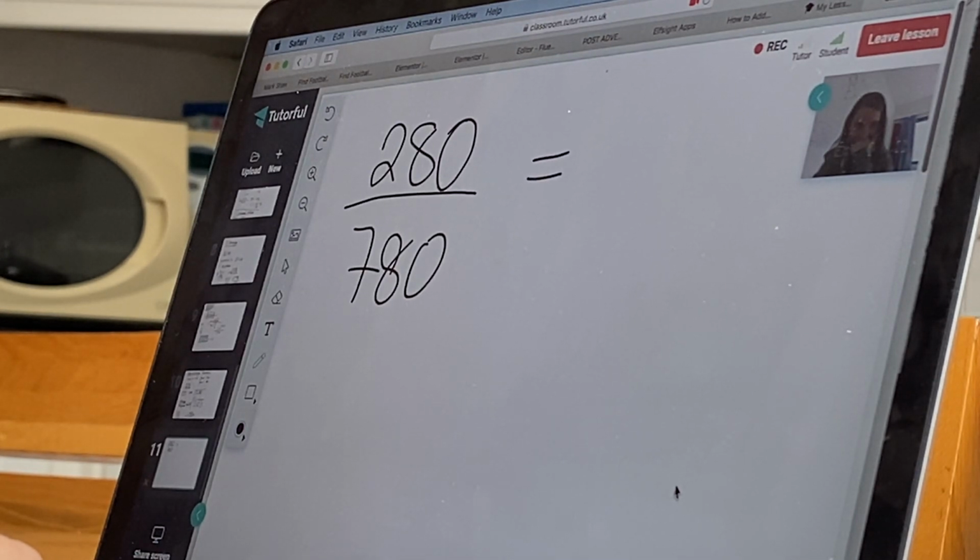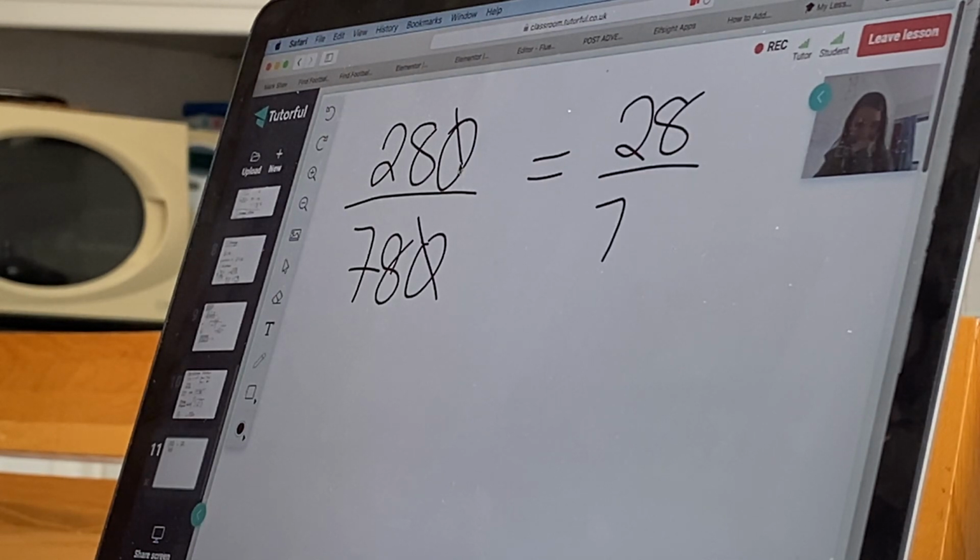Now, what can we cancel through here? What's the first two things that we can cancel through? Yeah, and this one here. So we have 28 over 78. Any other common factors?